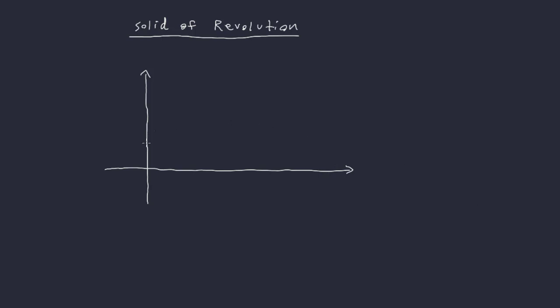Well, if we have a function, say here's our f of x, and we just look at it from a to b like we normally would, a solid of revolution is we would take this shape and quite literally revolve it around the x-axis.